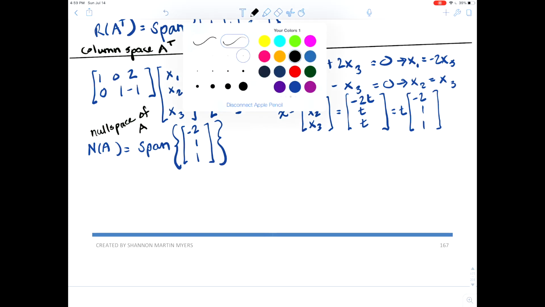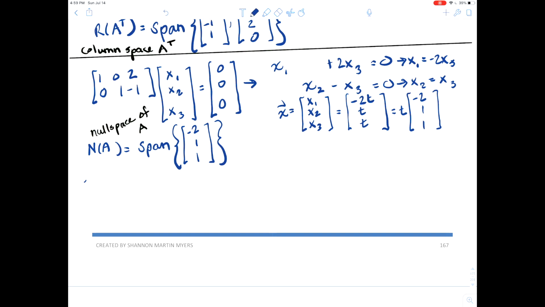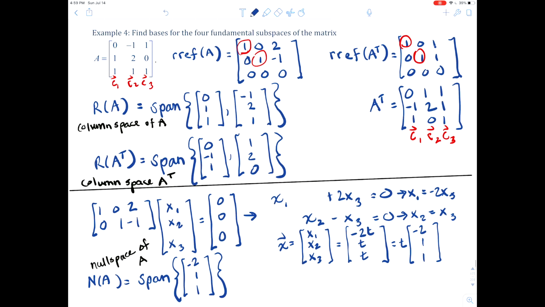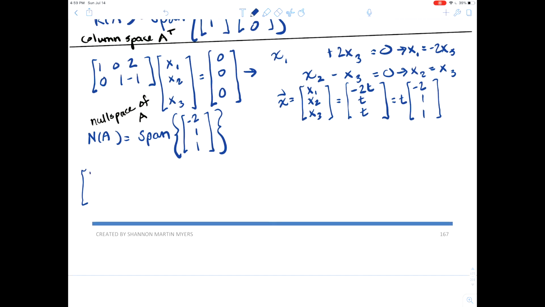And then we're now working on the null space for A transpose. So our RREF of A transpose was 1, 0, 1, 0, 1, 1. So 1, 0, 1, 0, 1, 1 times x1, x2, x3 equal to 0, 0, 0. What does that yield?